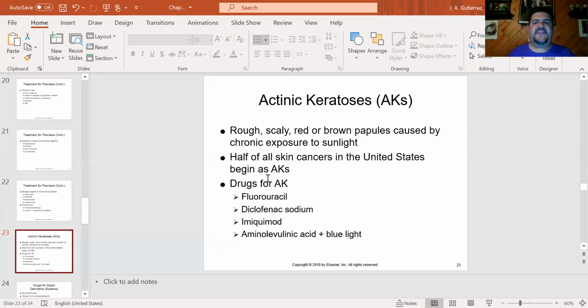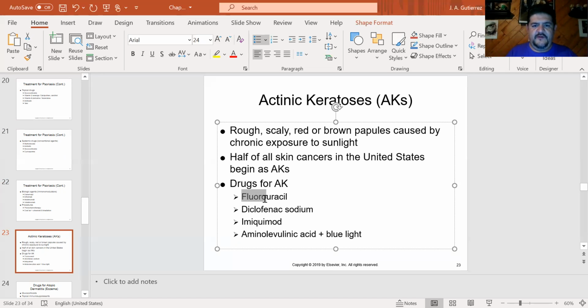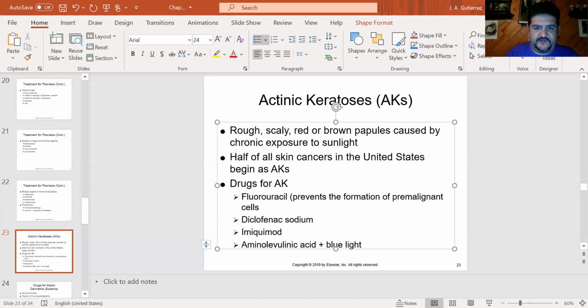So if we have a patient with actinic keratosis, this type of pre-malignant lesion, again, it looks like acne, but with melanin, so it's dark. It's a dark acne. We can use fluorouracil. This medication prevents the formation of malignant cells.